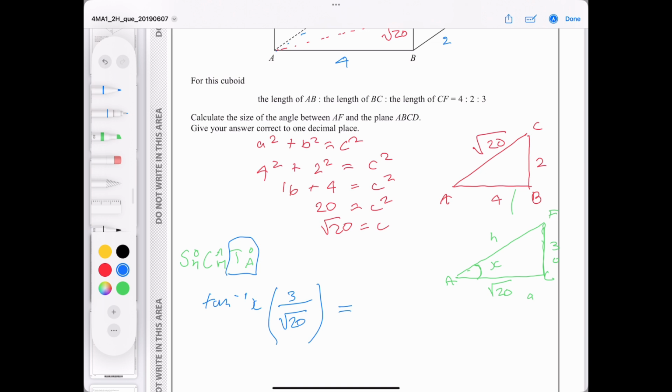And I now don't actually have a calculator on me, so that would be whatever the answer is from there. Whatever the answer is in the booklet, which I haven't looked at. So have a little look at that and you will get the answer. There we go.